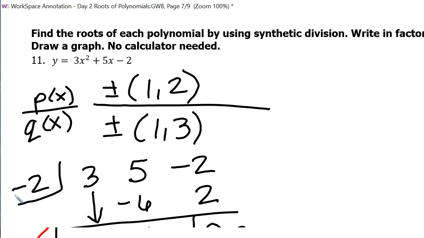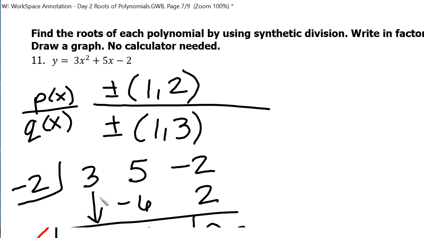So let me go ahead and write my equation in factored form. The first factor we had, actually I haven't been using y, I've been using f of x. But they use y, so I'm going to use y. If they're using y, your factored form needs to have y as well. So for the first factor, if my first x-intercept is negative 2, what would that be in factor form?